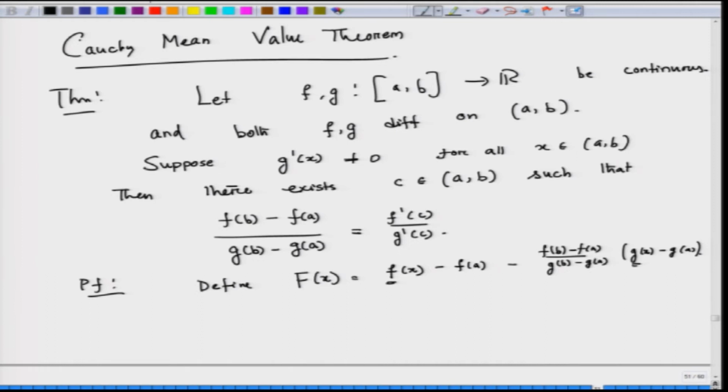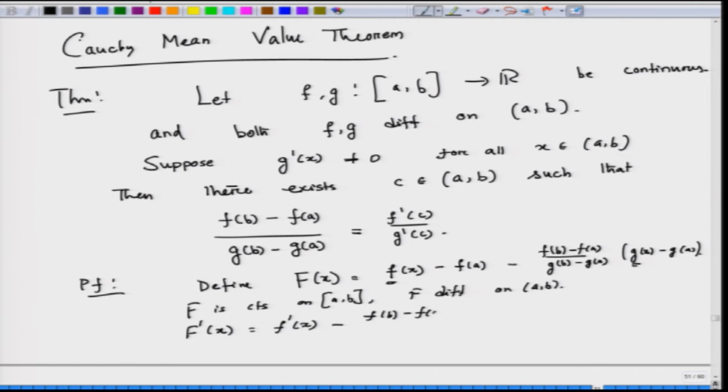So capital F is differentiable; f is continuous on a b and differentiable on the open interval a b. And what is the derivative? F prime of x is equal to f prime of x minus f b minus f a divided by g b minus g a into g prime of x.